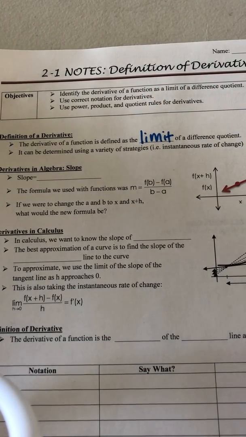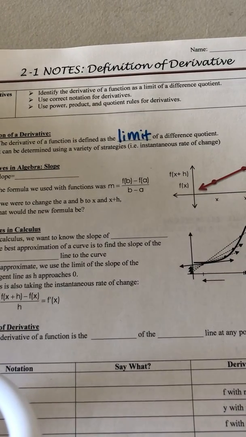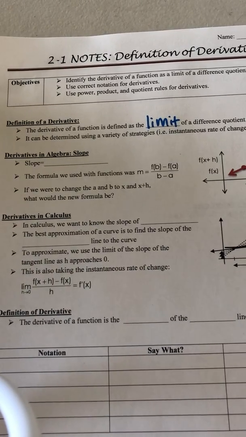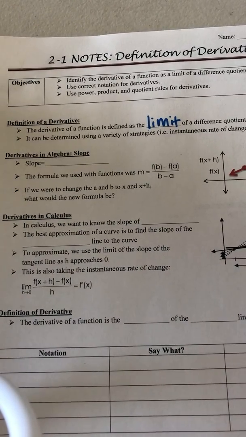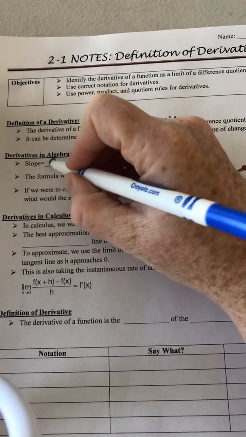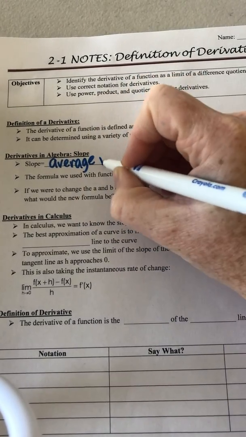It can be determined using a variety of strategies, including the instantaneous rate of change, which you've already found in the last chapter, okay? So, a derivative in algebra is really just the slope, which is the average rate of change.